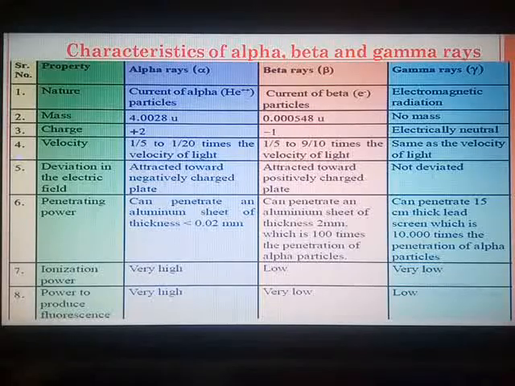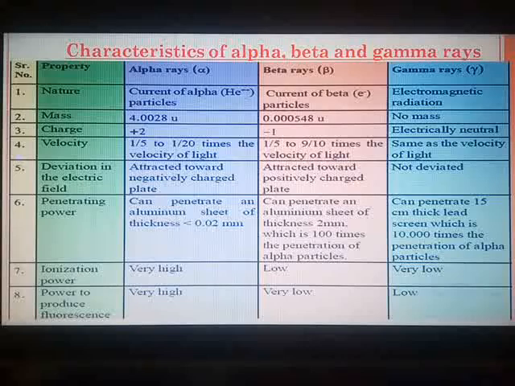Second, I can ask, give any 2 or 3 characteristics of alpha rays or beta rays or gamma rays. This can be a direct type of question. And the third is under MCQs. Mass of alpha rays is dash Dalton. Then different masses will be given. You have to select the correct one. So what I indirectly want to highlight is that each and every point should be remembered by you thoroughly.